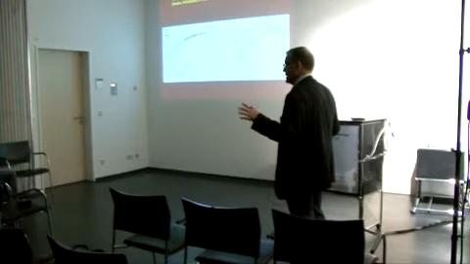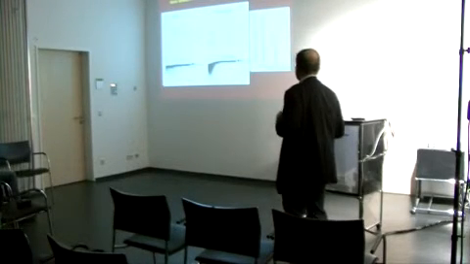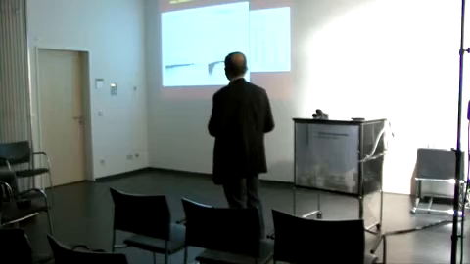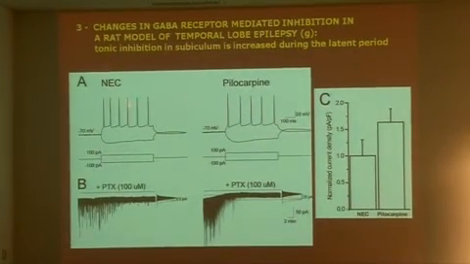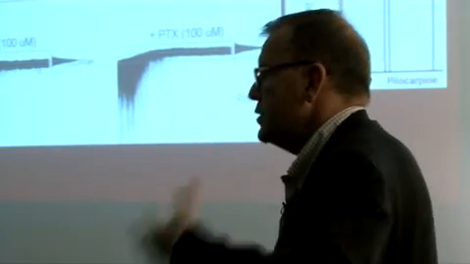As I said, this is preliminary evidence. In addition, and this has actually been published, in over 15 neurons recorded in pilocarpine as compared to the equivalent number in non-epileptic control, we have shown that tonic inhibition is increased during the latent period, suggesting that somehow after the insult you have an attempt through GABA to rescue, to avoid that seizures will occur.